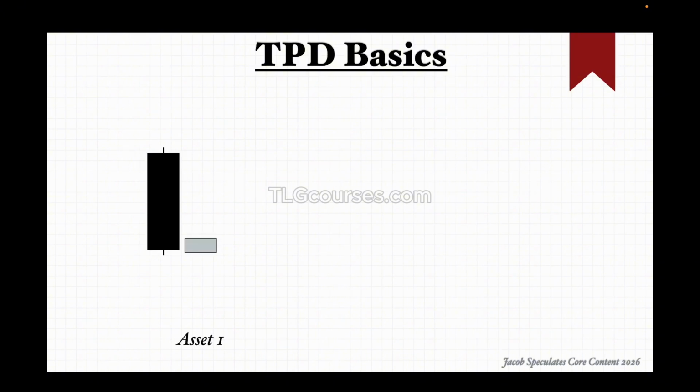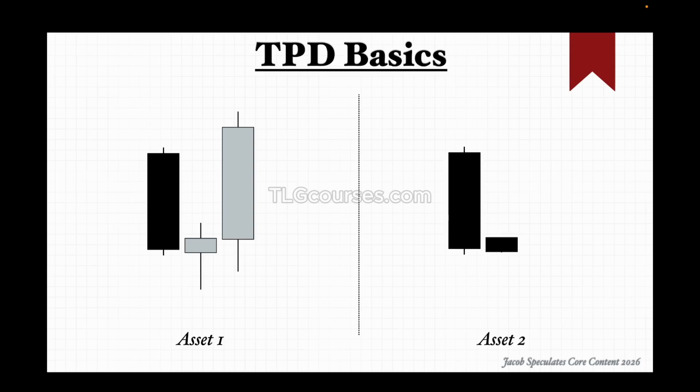So getting started with TPD basics. If you don't know, a TPD is simply a cracking correlation between a specific sequence of candles between two different assets. So if we look on the left, there are 3 candles within one asset. And if we look on the right, there are 3 candles within one asset as well.